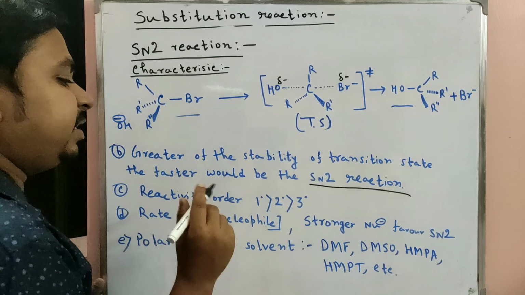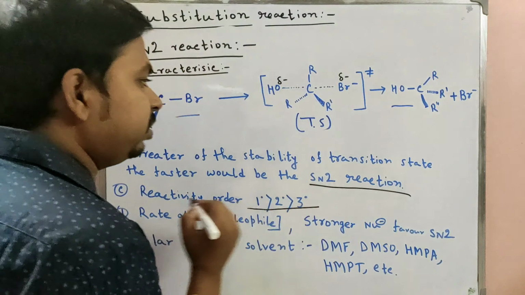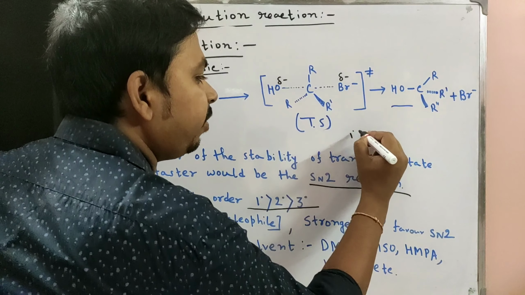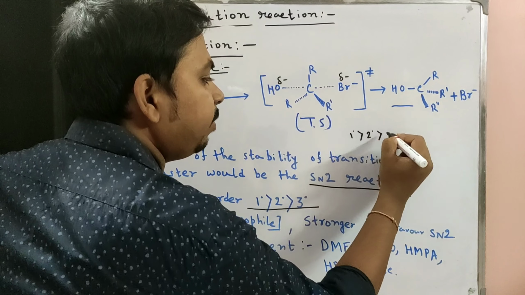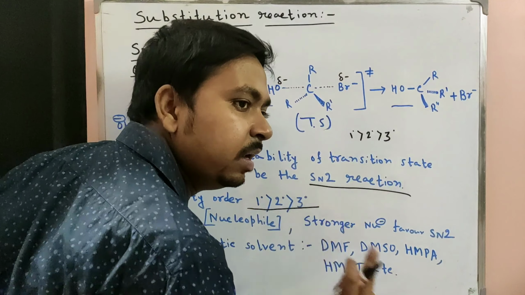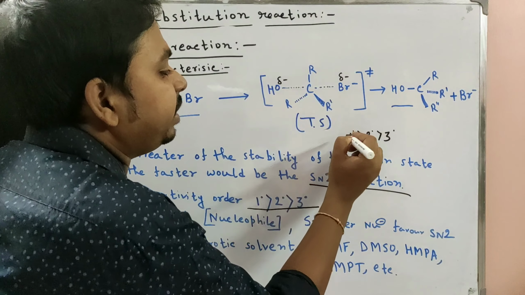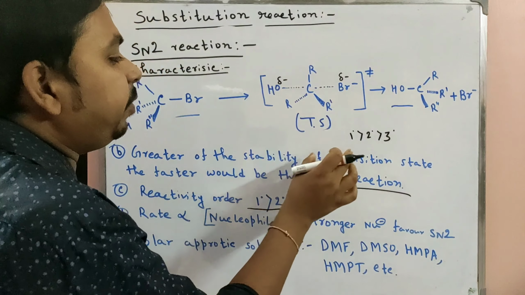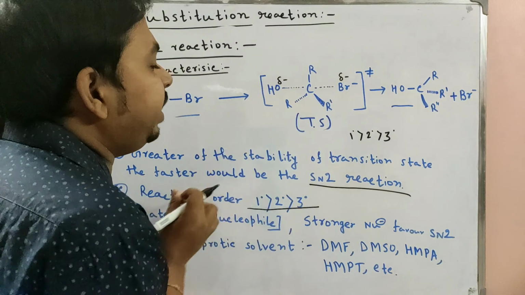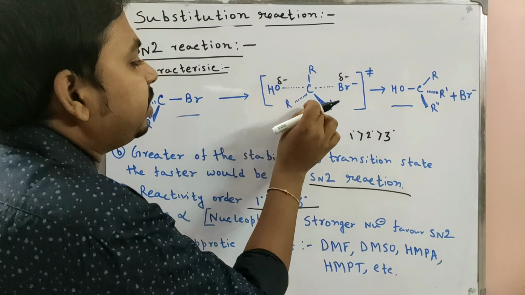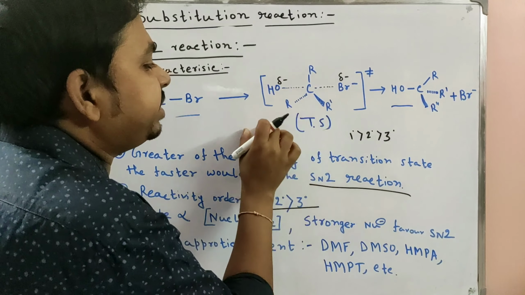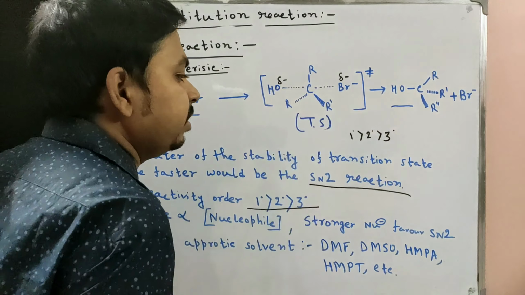And the reactivity order is 1 degree greater than 2 degree greater than 3 degree. Here, when the carbon is 1 degree, the transition state is not disturbed by steric effects.